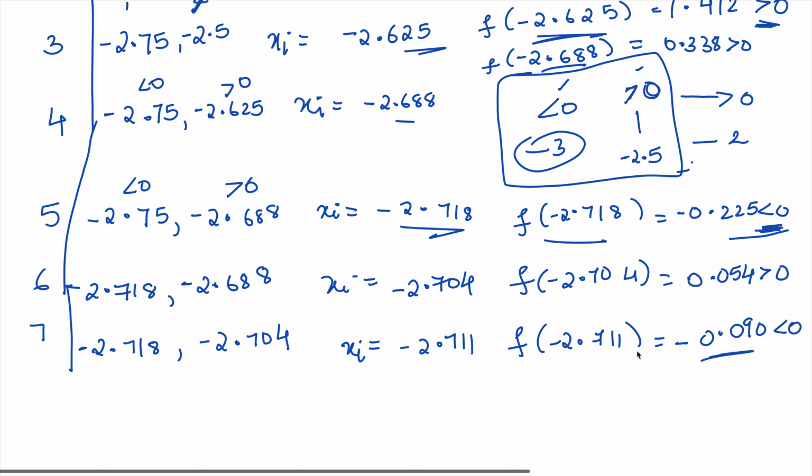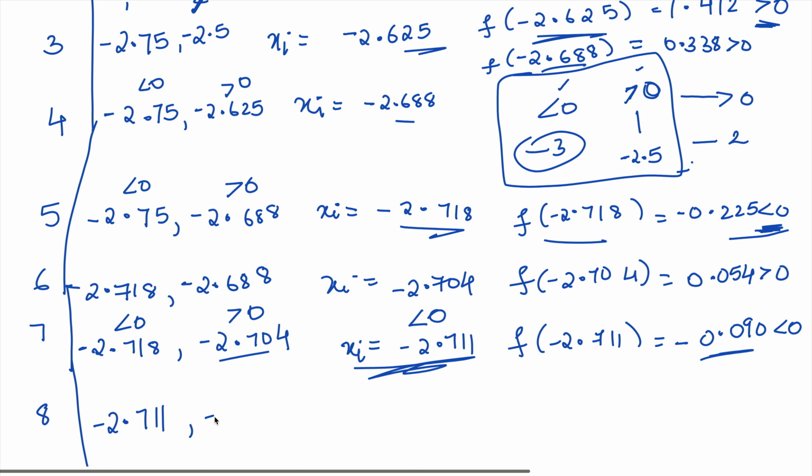Now this is less than 0. So this was less than 0, this was greater than 0, and the middle value we should for sure include in the next interval. This is less than 0, so we'll take the greater-than-0 one from our previous interval. So -2.711 and, from the previous interval, -2.704. Now our root should lie between these two.